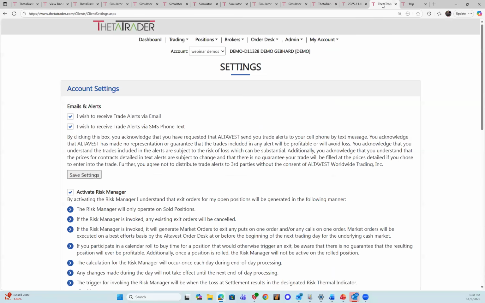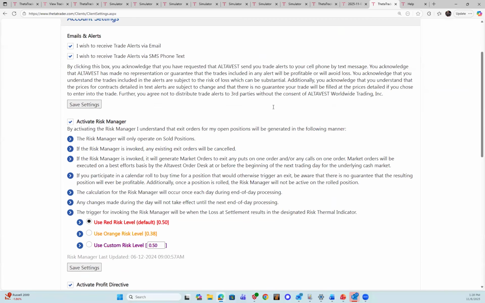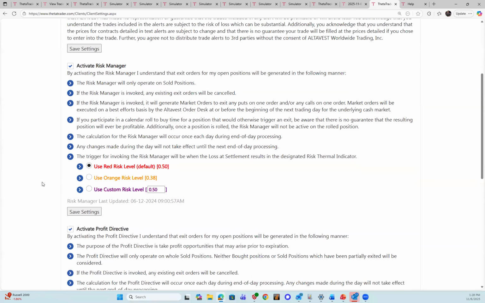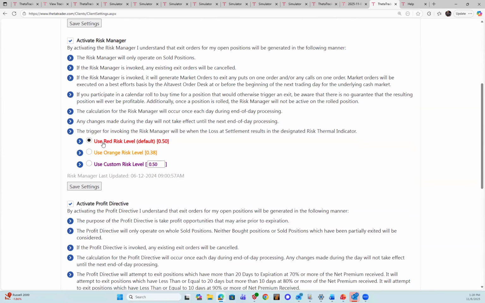And then also, this is how you adjust your settings in Theta Trader to automate everything. So you activate Risk Manager here, and you can choose the level of risk. I use the default level at 50, but if you wanted to be a little more aggressive, you could lower it to 38 or customize it all the way down to 25.